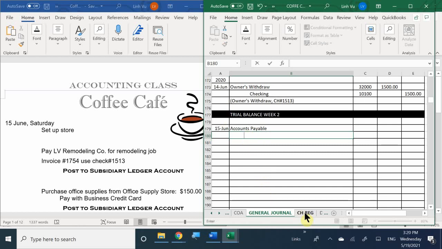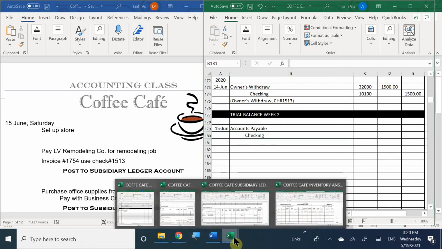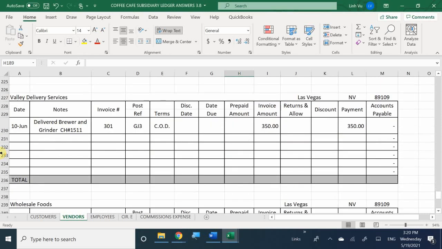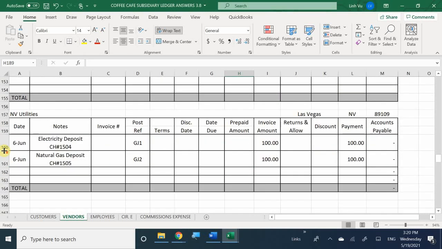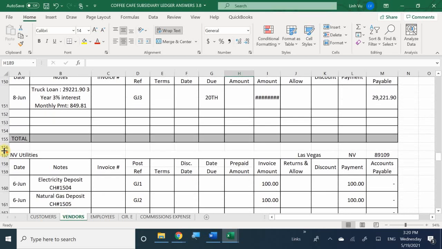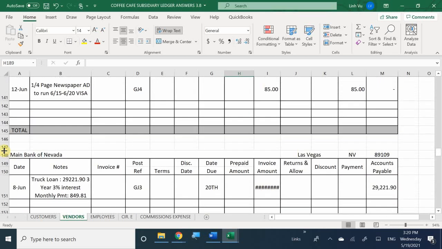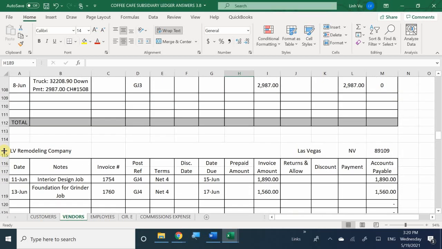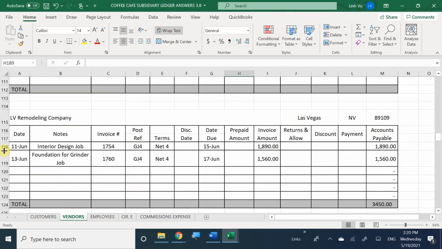How do I know how much I owe? I will go to vendors and find out how much I owe LV Remodeling. Correct, so the subsidiary ledger. Let's take a look. Oh, it's LV Remodeling, excuse me, my bad. We owe them a total of $34.50.